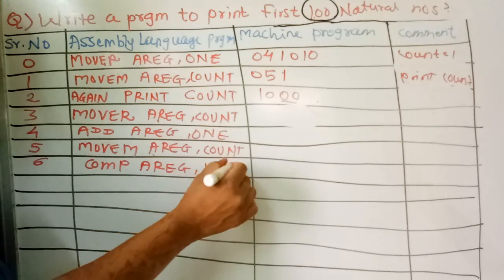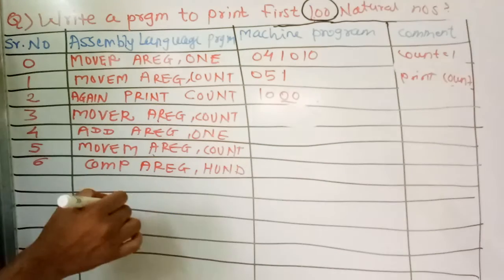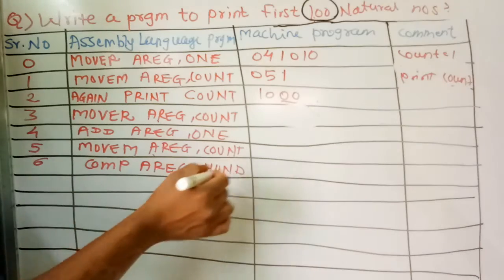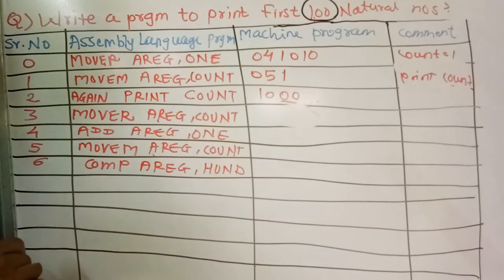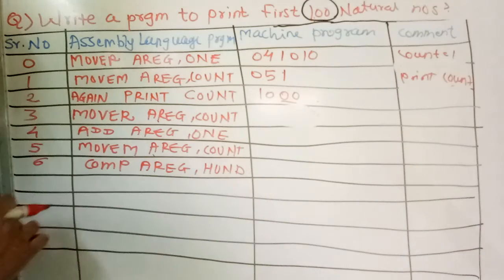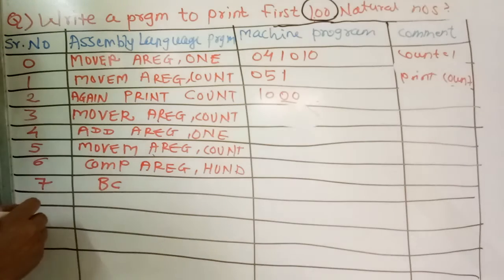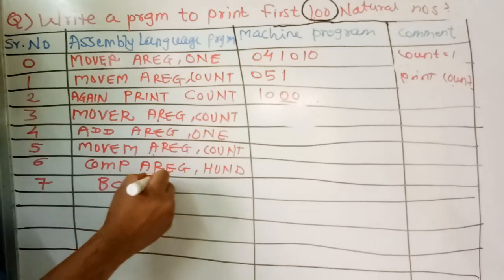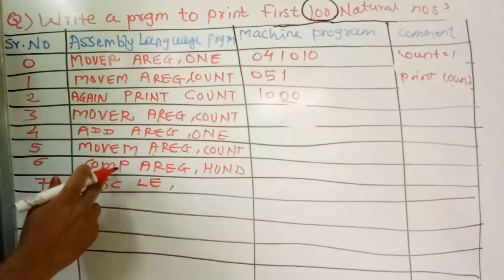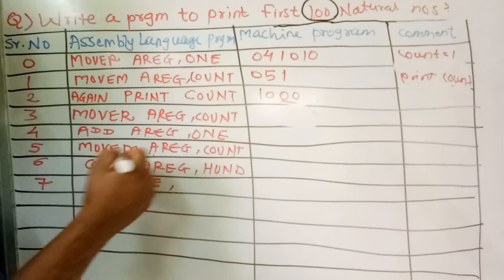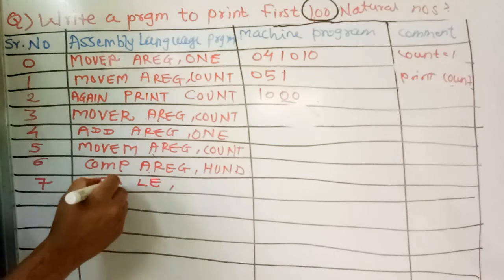So compare a register with the 100. What is the 100? 100 is a variable we are taking, having a specific value, that is 100, which we have to specify later. Now, after the comparison, we make a BC statement: if it is less than or equal, we again perform the procedure we specified here.